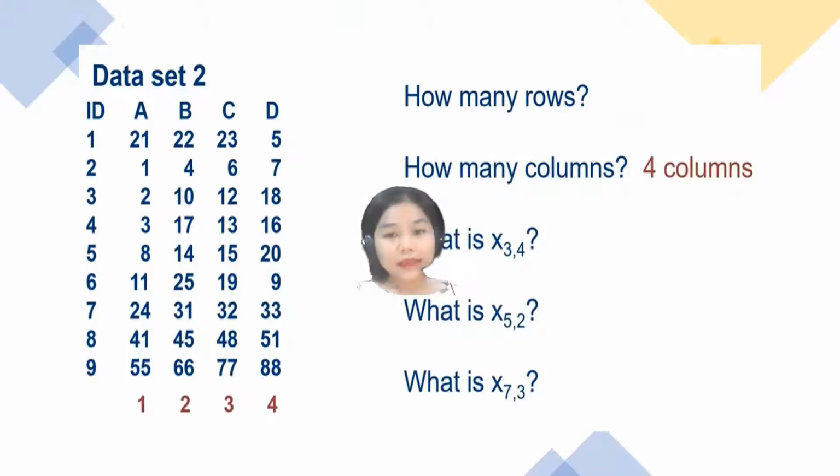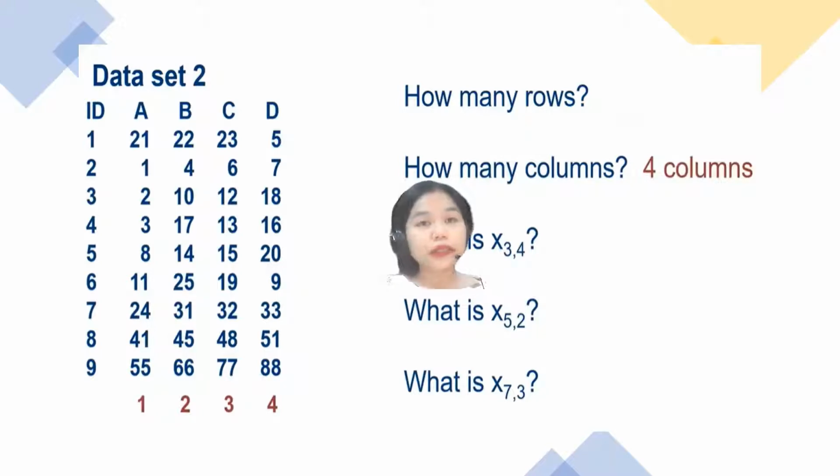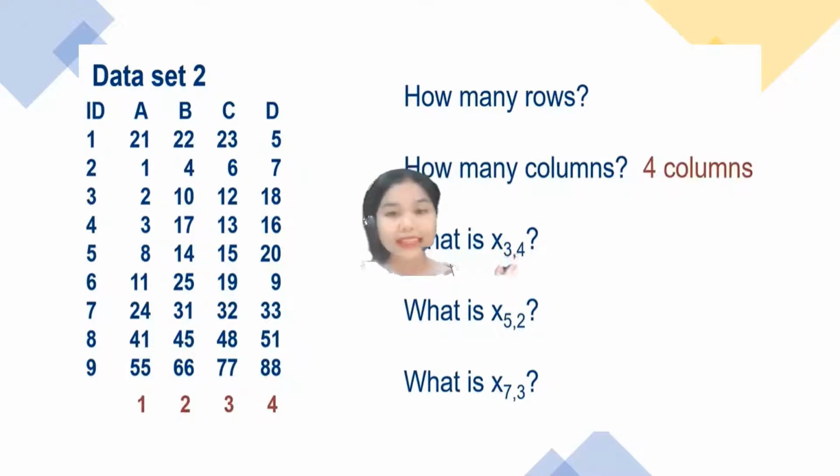What is x3,4? In other literatures, there's no comma, it's just x34. But again, the first value denotes the row and the second value denotes the column. So x3,4 is read as the value of x found in row 3, column 4.